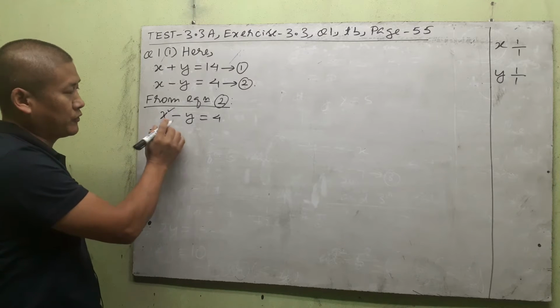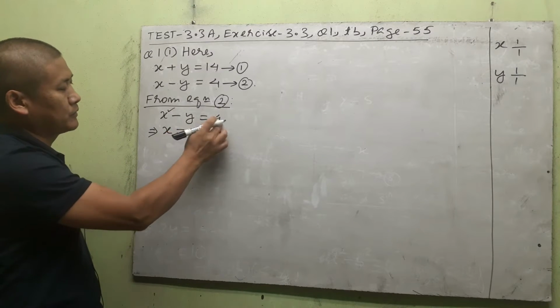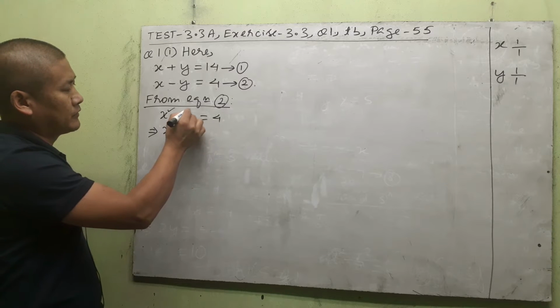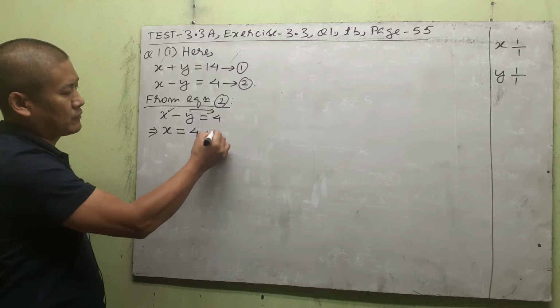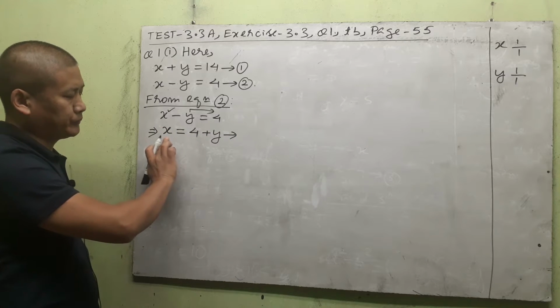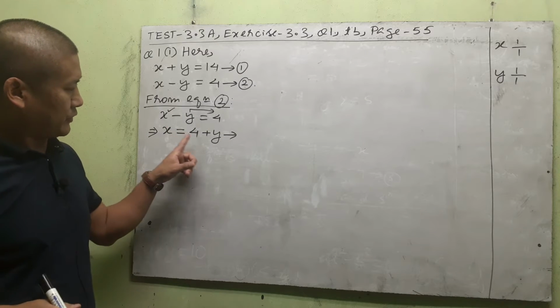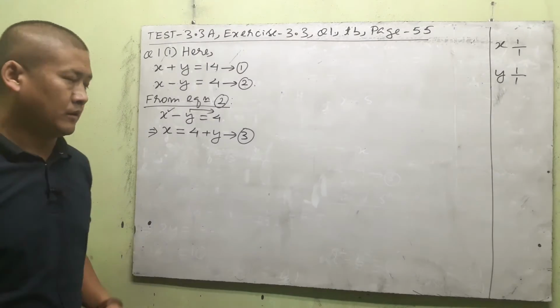So equal to this 4, and I shift the rest to the right side. Minus y becomes plus y. So now this equation is expressed in terms of x as x equal to 4 plus y. And I can keep this one as equation 3.